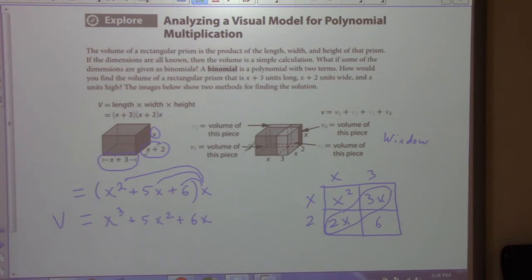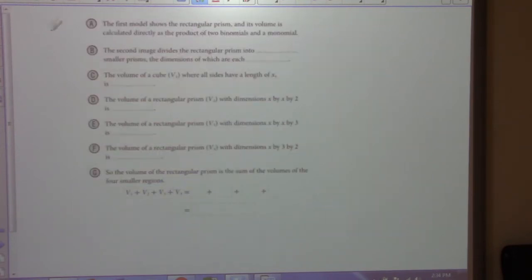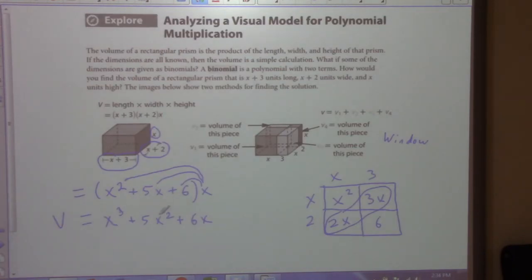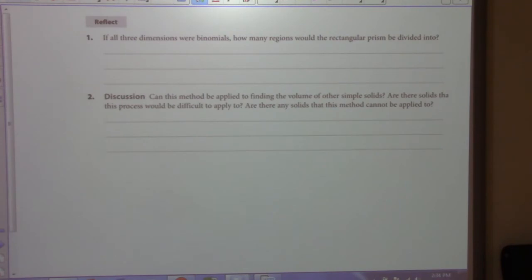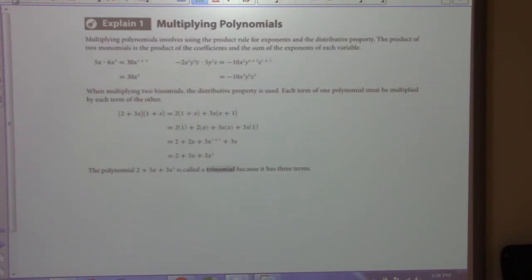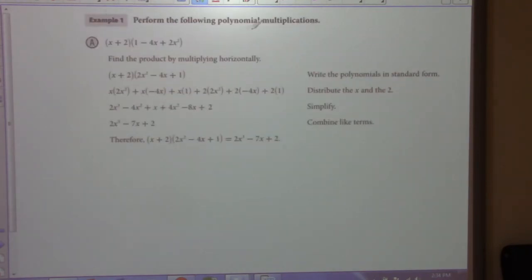And so that's one thing we can do. In our exercise set that we're going to go to in a few minutes, the very first problem is very similar to this box problem. So you'll be ready for that, I hope. Then we're given an example, example 1, perform the following polynomial multiplications, and here they explain how to work it out.